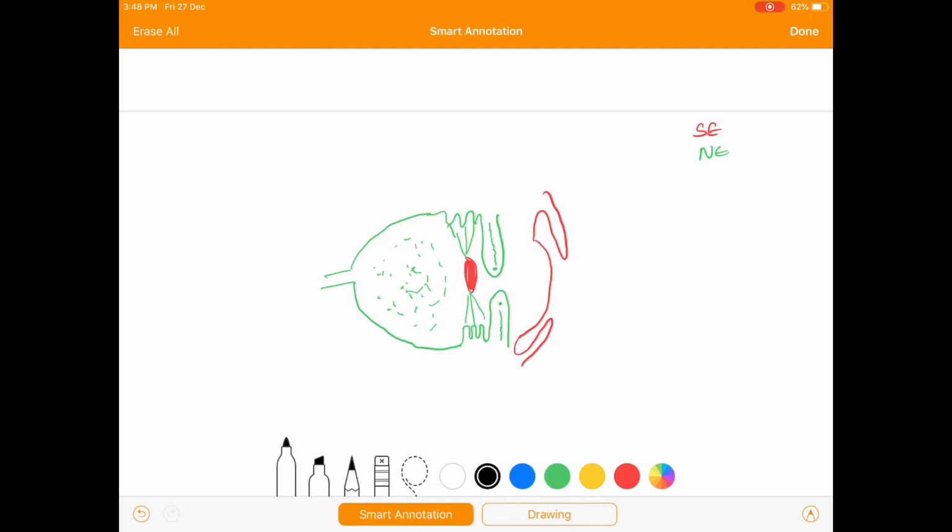Okay. Now for mesoderm, I am drawing in black. We have choroid. Since it is a vascular part, I am drawing it with a coil structure.